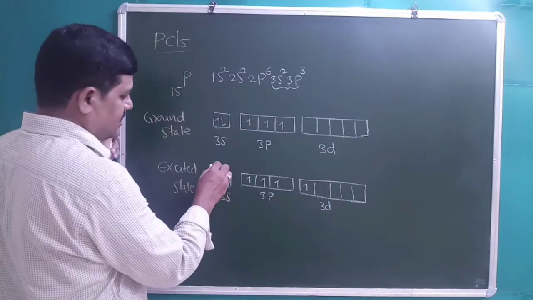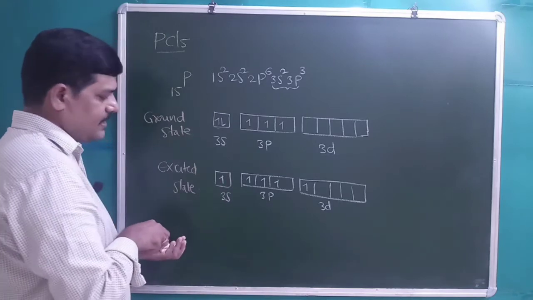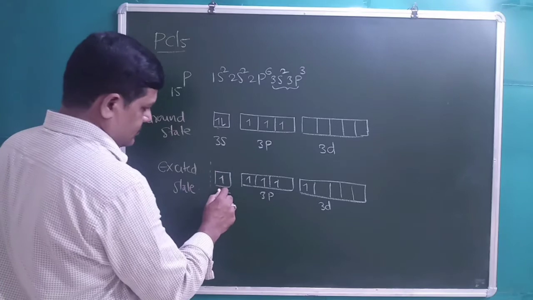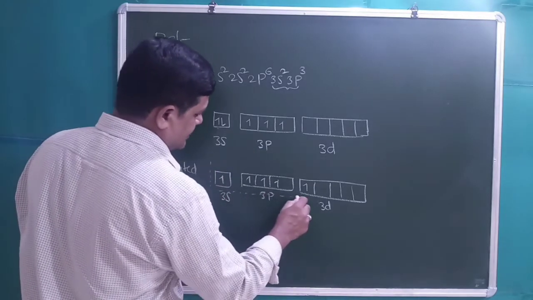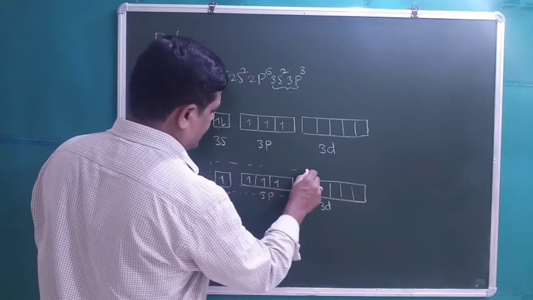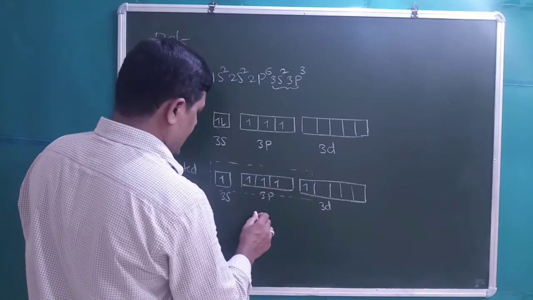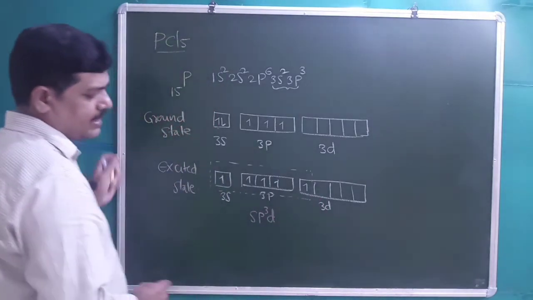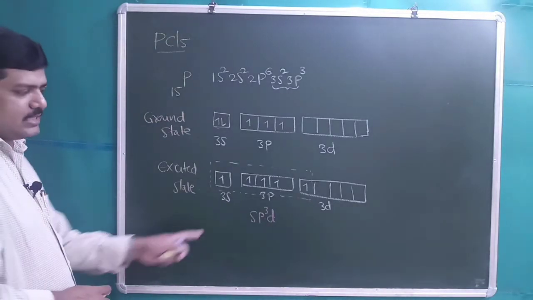So in the hybridization, one 3s orbital, three 3p orbitals, one 3d orbital are involved. Hybridization is sp3d hybridization.